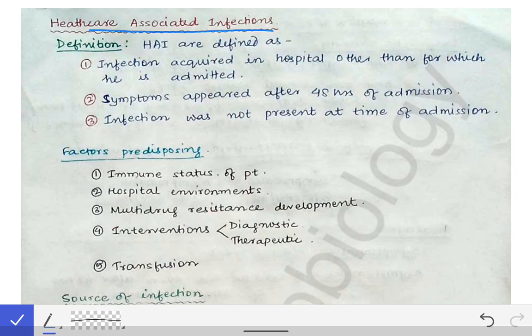Healthcare associated infections are defined as all the infections which are acquired in the hospital other than the one for which the patient is admitted.